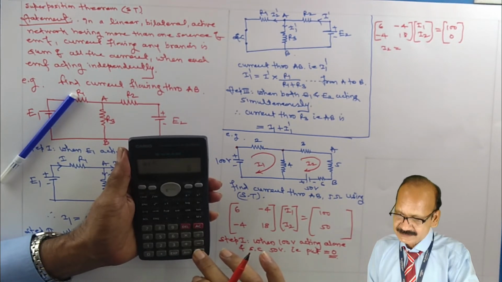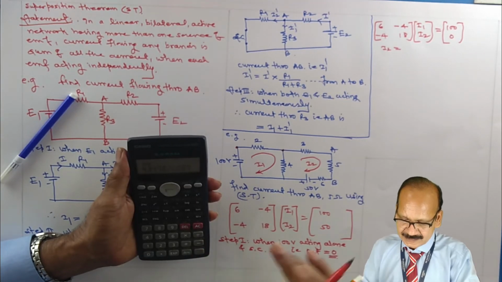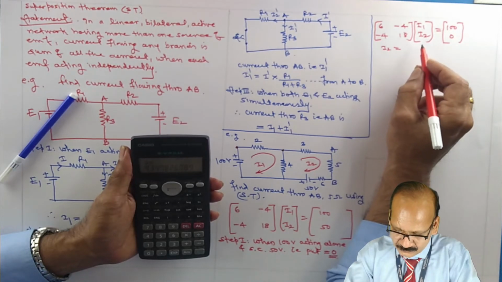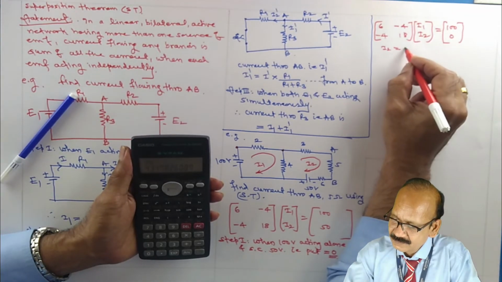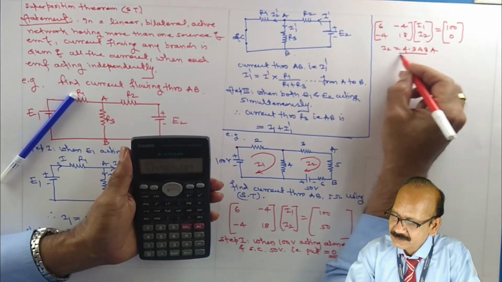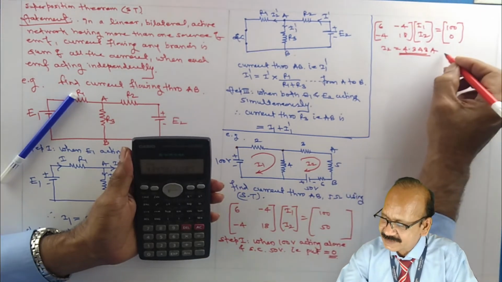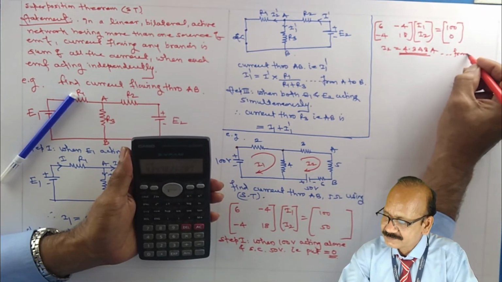Check it once again. This is I1, this is I2. I2 is 4.348 ampere. The answer is positive, which indicates that it is flowing from A to B.